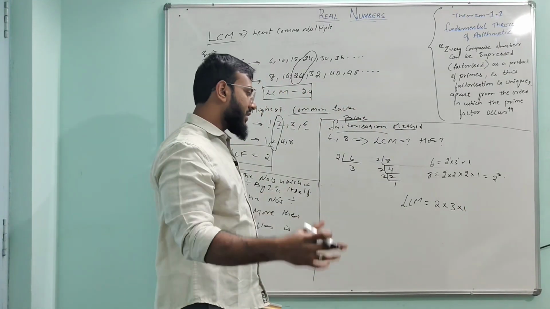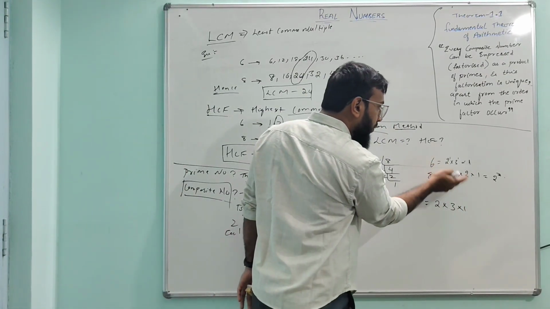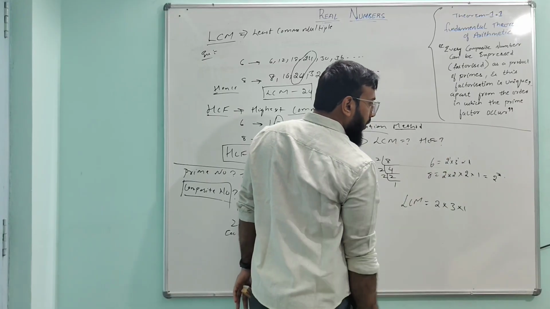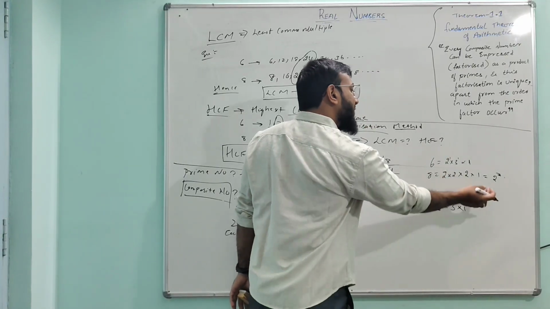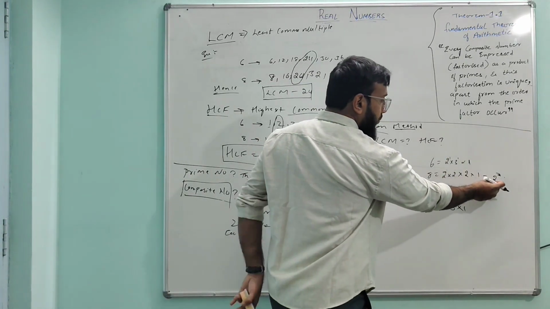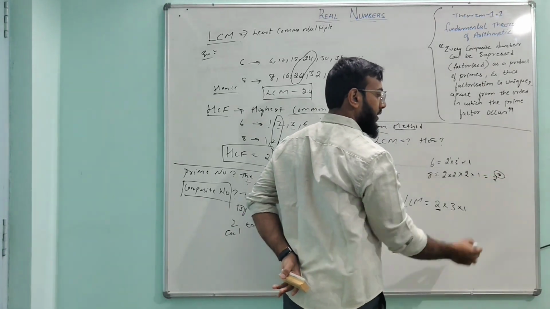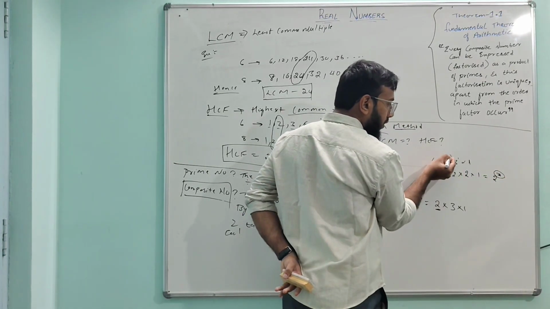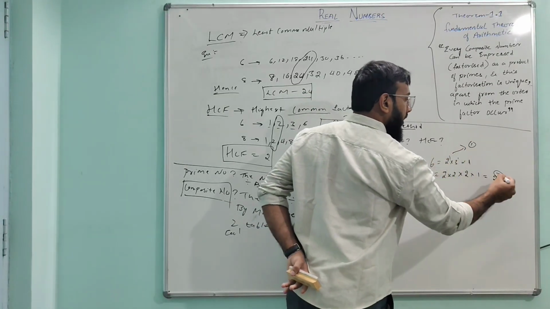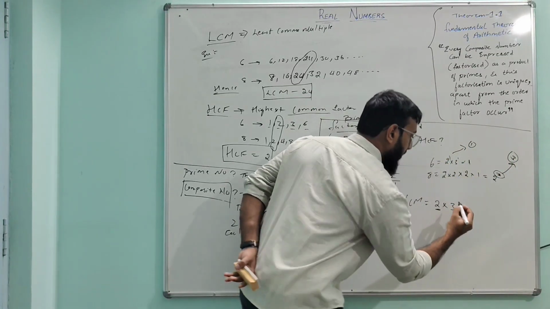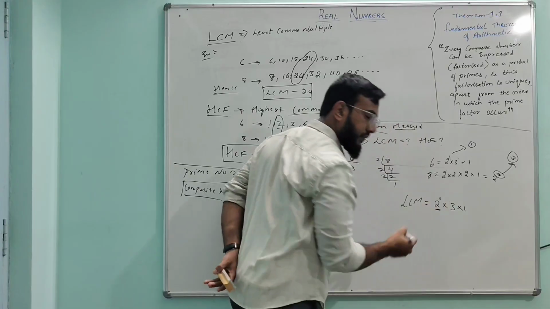Anything multiplied by 1 is the same number. In both, which 2 power has the highest exponent? That is 3. Here we got 1, here we got exponent 3. Write that over here.